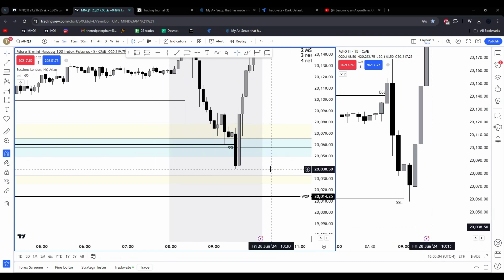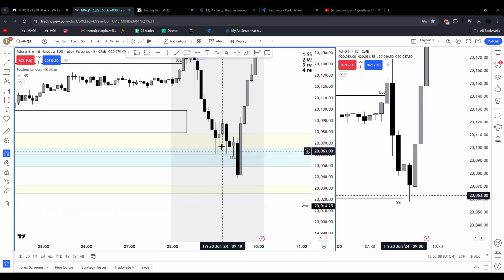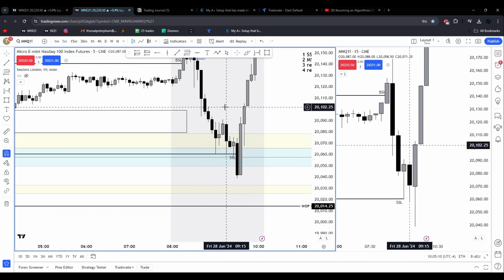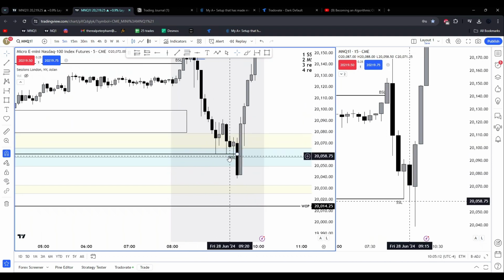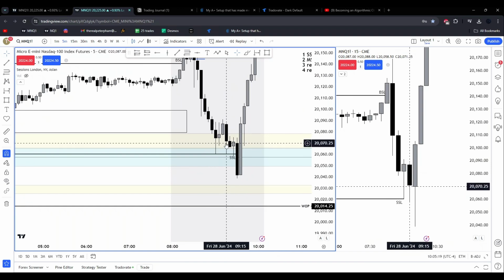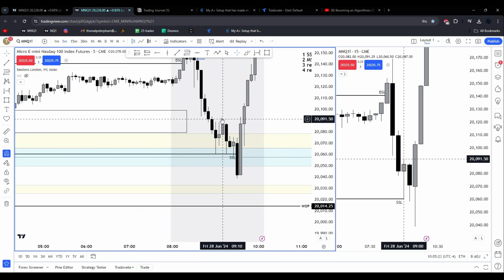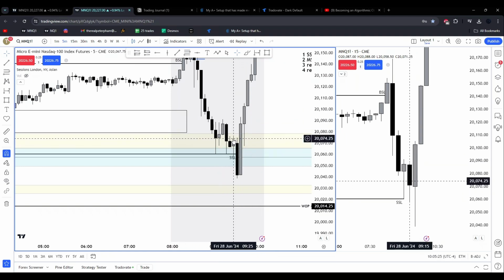On the 5 minute, price comes down, creates this low, creates some liquidity right here, and it takes the low right here. What did I say before? One of the ways that price moves is to either hunt liquidity, generate liquidity, go to equilibrium, or to rebalance.